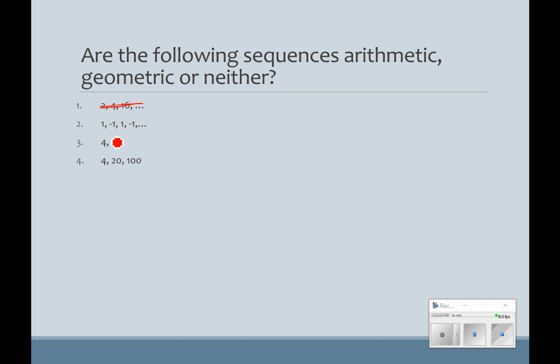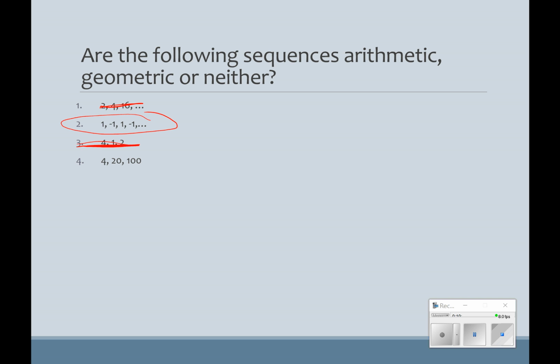This one actually is geometric because I'm multiplying each time by -1. I'm not getting anywhere, but it is definitely geometric. For the next one, 4 times 1/4 gives me 1, but 1/4 of 1 gives me 1/4, so that is not geometric.